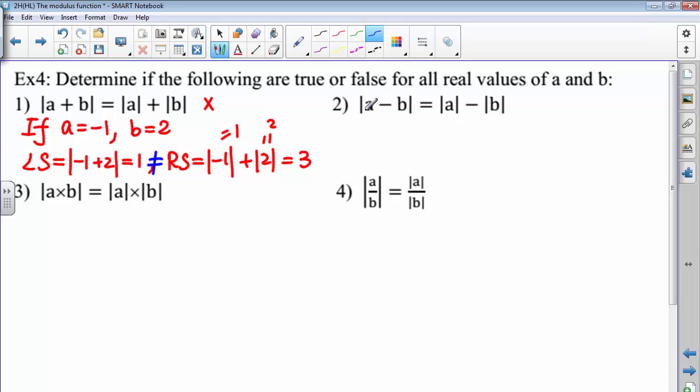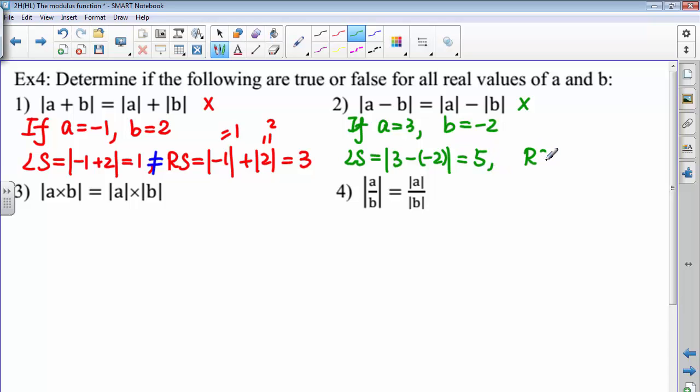Similarly, the second one: the absolute value of a minus b equals the absolute value of a minus the absolute value of b. This one is also false. Let's pick two numbers. If a is 3 and b is -2, the left side is the absolute value of 3 minus -2, and this value is 5.